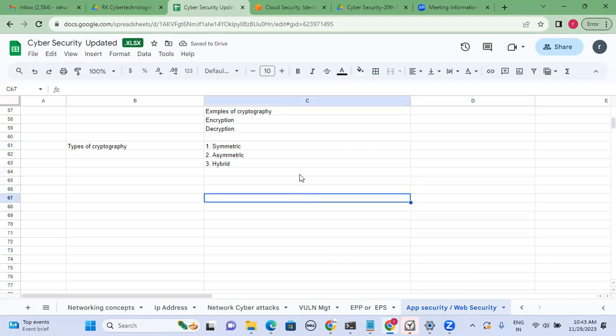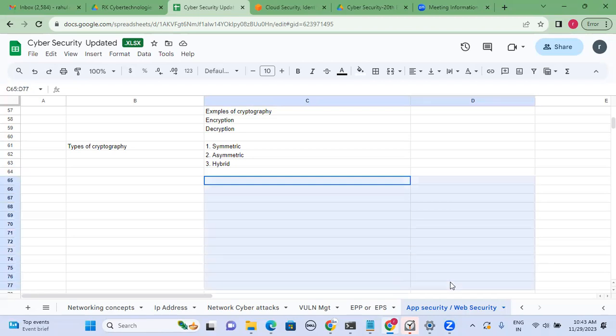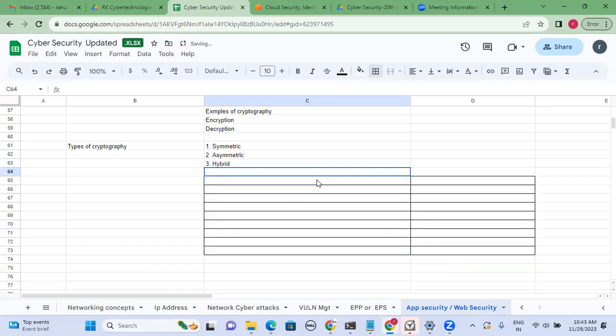Now we can discuss the differences between symmetric and asymmetric. I'll put symmetric on the left-hand side and asymmetric on the right-hand side. Symmetric's general meaning is same, or same pattern.